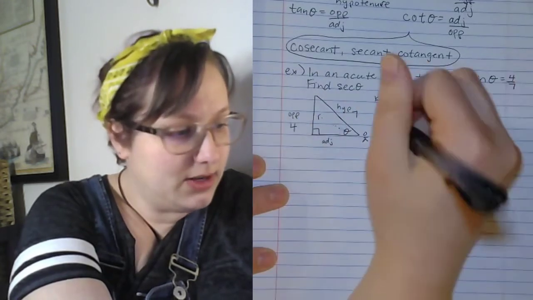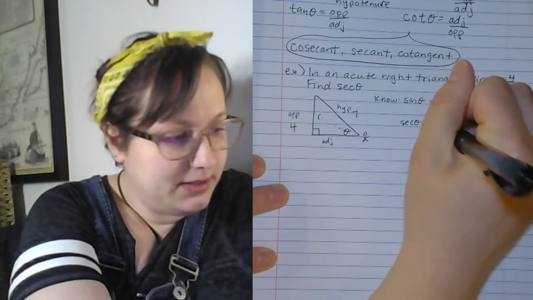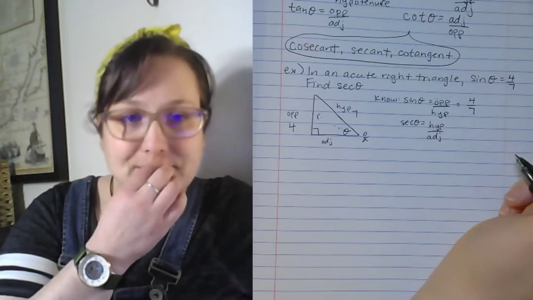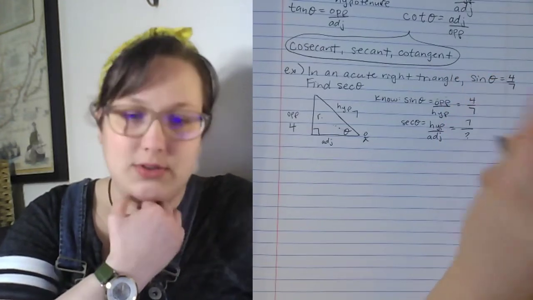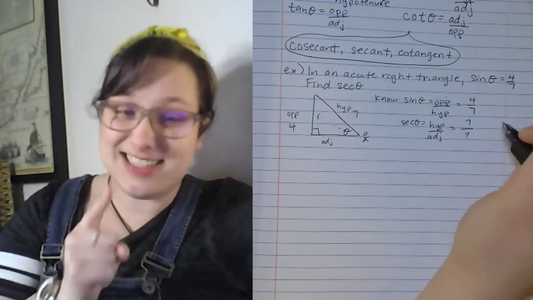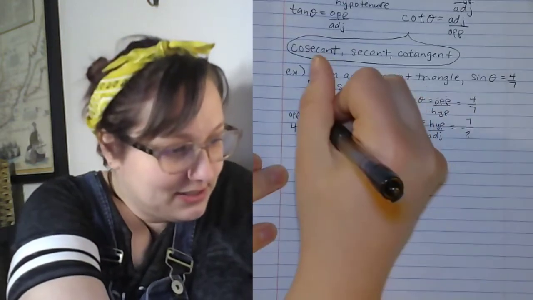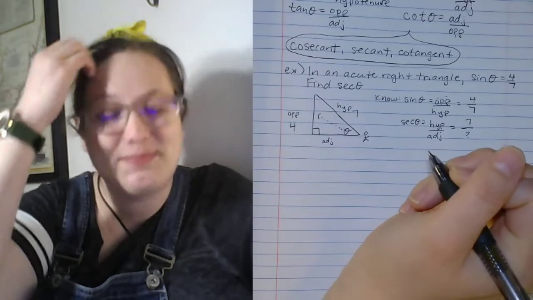And then I also know that secant theta is going to be hypotenuse over adjacent, because it's a flipped over version of cosine. So I already know that the hypotenuse is 7, but I don't know the adjacent side. Now there's a thing that you've learned since 6th grade. And I know this because every adult yells it at me when they find out that I teach math.